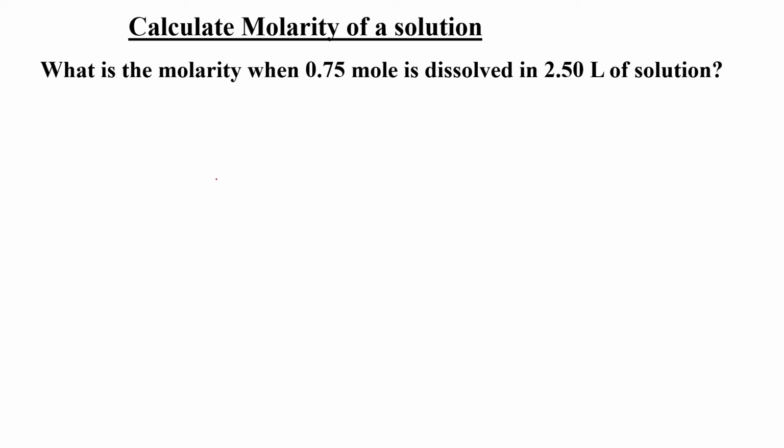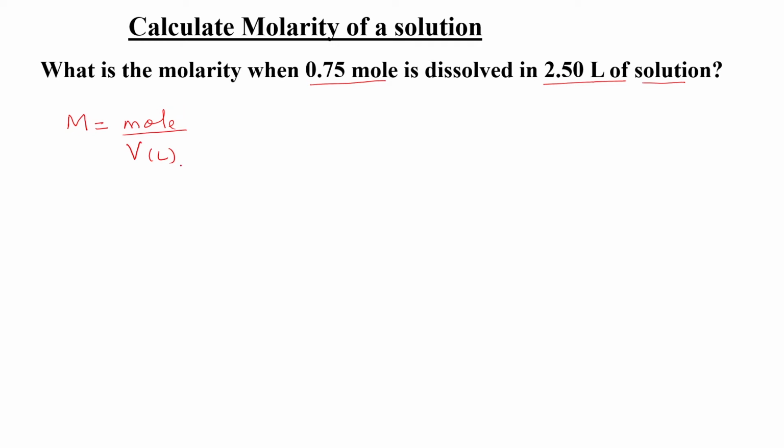Let's do this practice. What we are doing here is calculating the molarity of a solution. What is the molarity when 0.75 moles is dissolved in 2.5 liters of solution? All molarity problems will start with this same formula, and then we will rearrange as needed. So here is our formula.